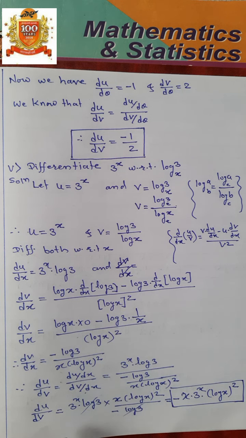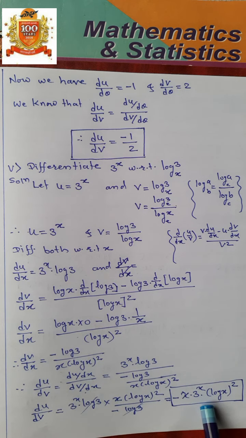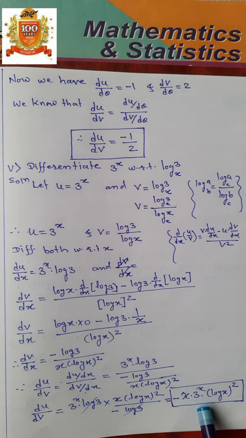Now log 3 gets cancelled. We have minus x 3 raised to power x into log of x bracket square. This is the answer we get here of question number 5.